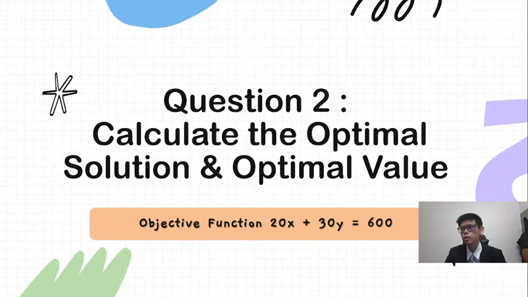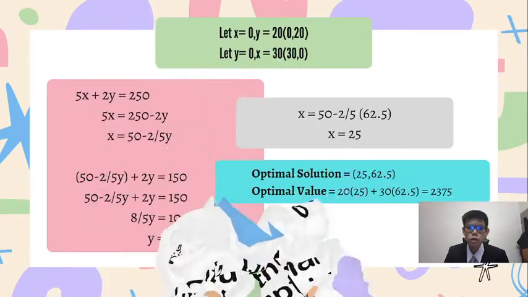When we want to calculate the coordinates of the graph, we must have the objective function. Today the objective function is 20x plus 30y equal to 600.